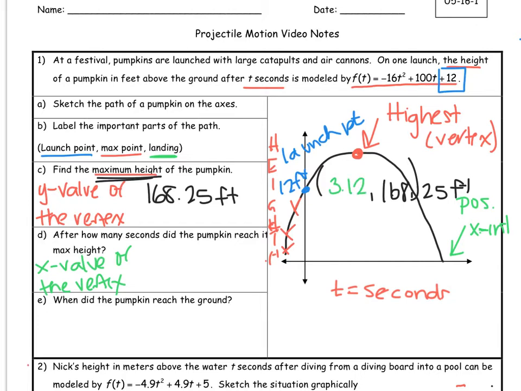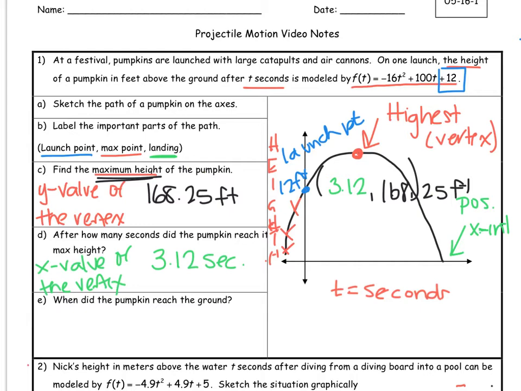And so since the x value is measuring time, it's 3.12 seconds. So it took 3.12 seconds for the pumpkin to reach its max height of 168.25 feet. Here's our vertex. It's at 3.12. It took 3.12 seconds, because that's what the x value is measuring, for the pumpkin to reach a max height of 168.25 feet. So how high did it get?